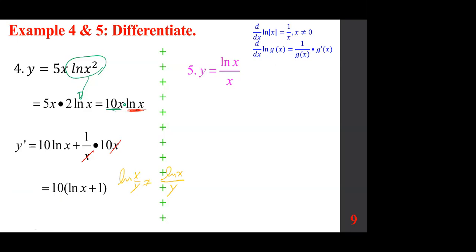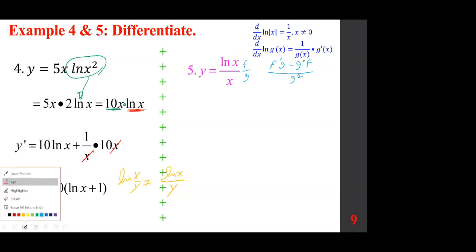Okay, so we use the quotient rule class, and therefore, let me just write the quotient rule. Just to remind you, this is f, this is g: f prime g minus g prime f over g squared. Which means we need the derivative of the top, which is 1 over x, and then times g, the bottom, minus g prime, the derivative of the bottom is 1 times the top.